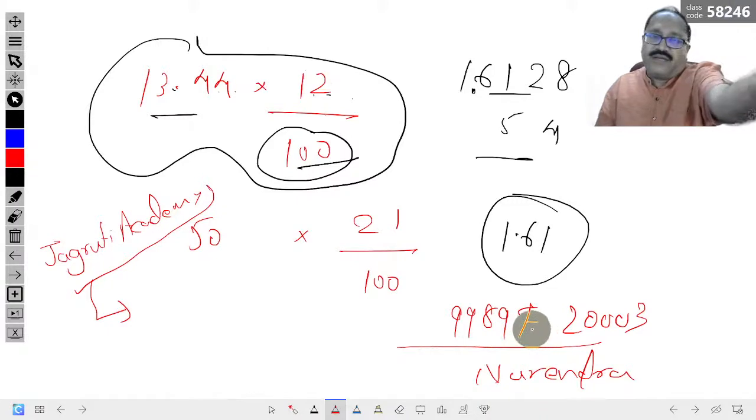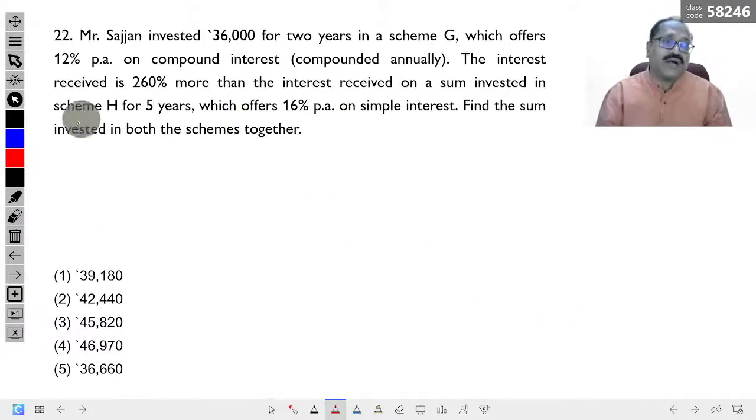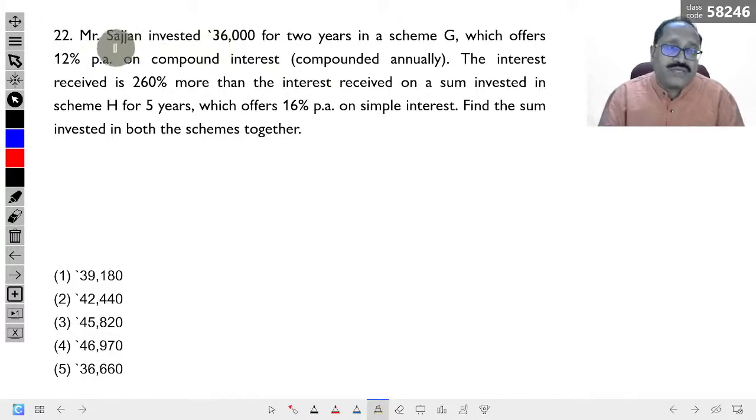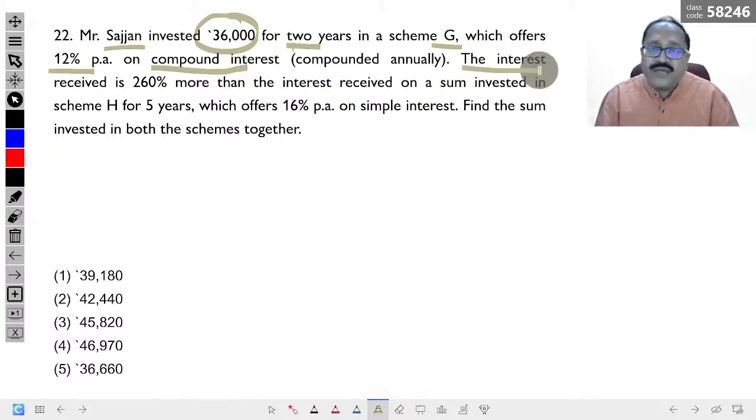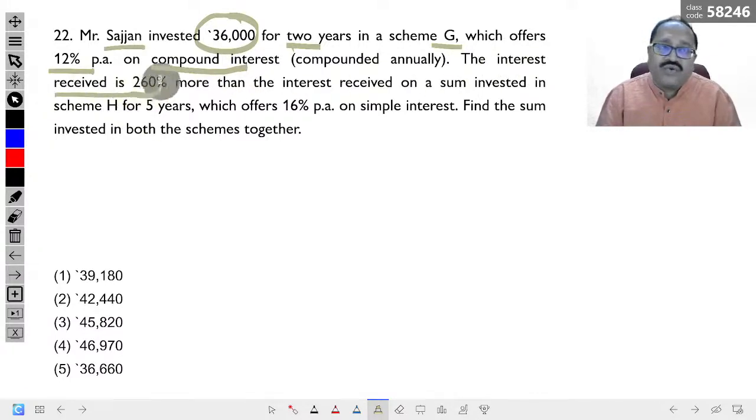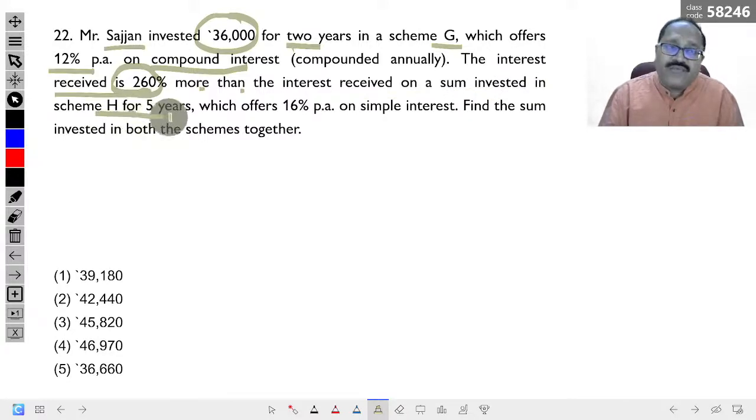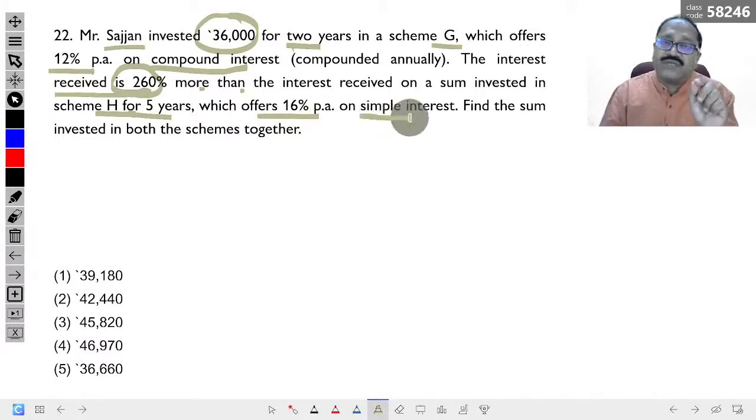Okay, yes, let's move on. We are at the last question. This is the last question of the day, and these are wonderful, beautiful questions. Your understanding expands a lot. Sajad invested rupees 36,000 for 2 years in scheme G, which offers 12% per annum compound interest. The interest received is 260% more than the interest received on a sum invested in scheme H for 5 years, which offers 16% per annum simple interest.